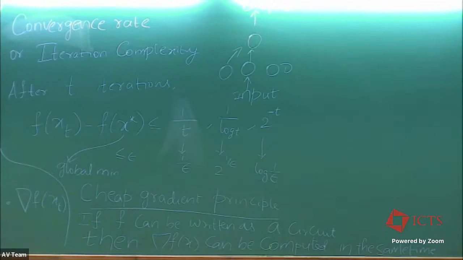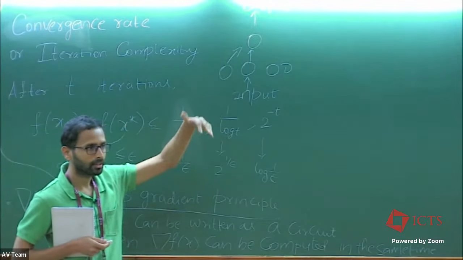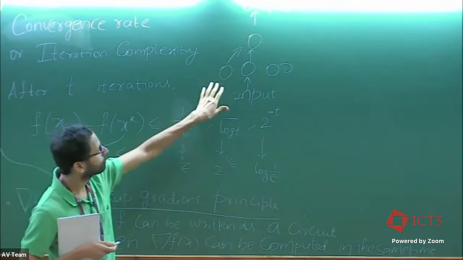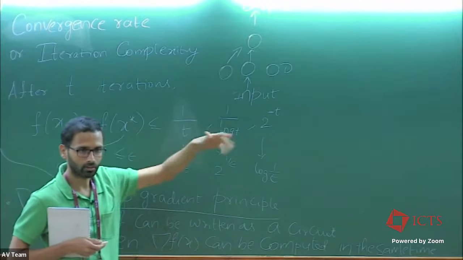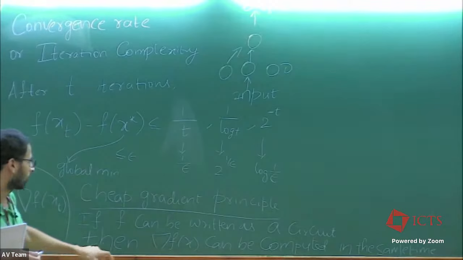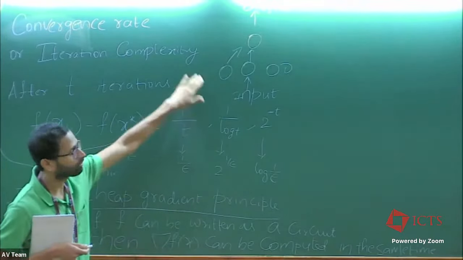So far, I have just been trying to motivate why gradient descent is so widely used compared to other algorithms. The reason is this cheap gradient principle, which basically says that if my function can be written as a sequence of differentiable operations, like addition, multiplication, division away from zero, and so on, then we can compute the gradient of the function f in the same time that it takes to just compute the function value.